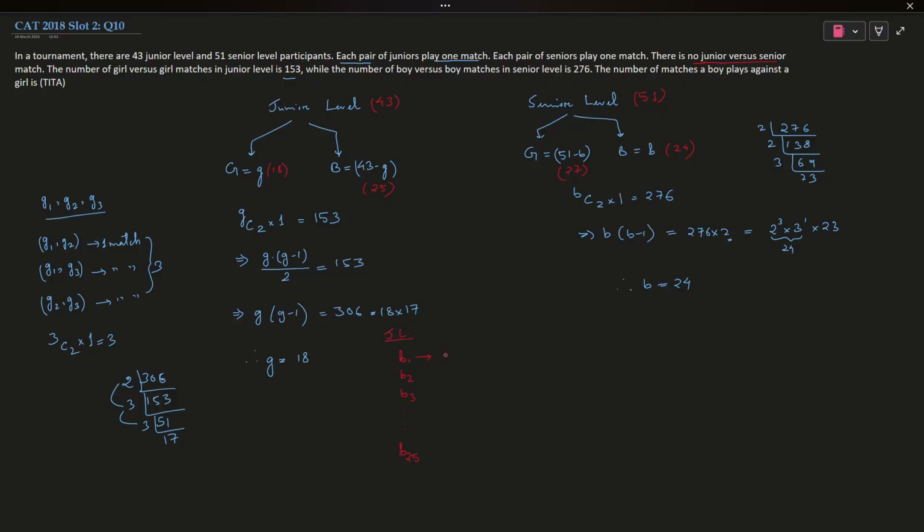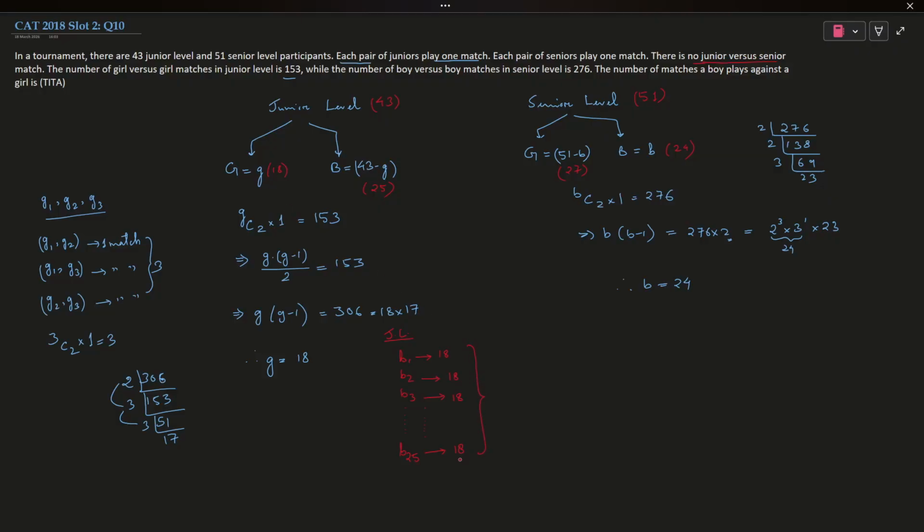This first boy will play against all the 18 girls. So he will play 18 matches against all the girls. Similarly, the second boy will also play 18 matches against all the girls. The third boy will play 18 matches against all the girls, and so on. And the 25th guy will also play 18 matches against each of these girls.